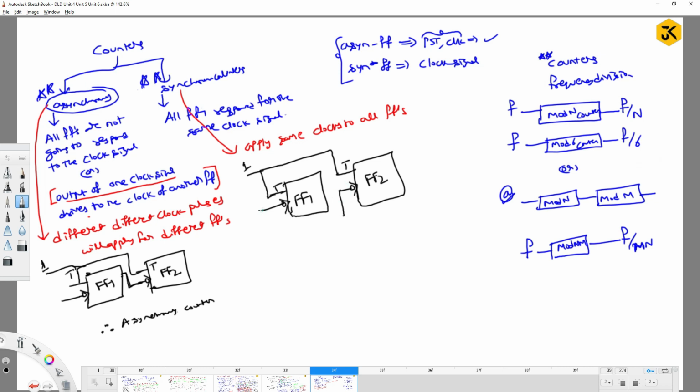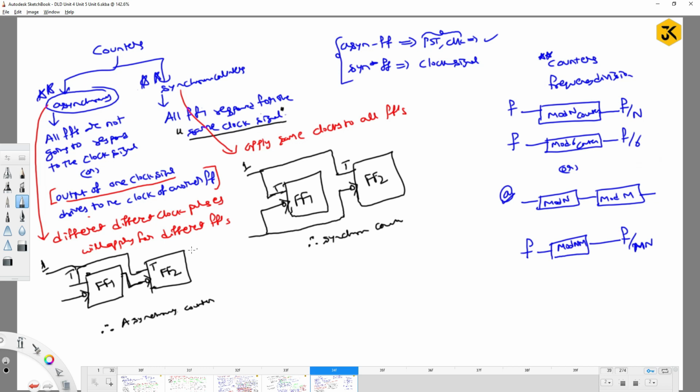But here, as I am saying, they are synchronous counters. All the flip-flops are going to be activated at once, right? All flip-flops respond to the same clock signal. Then we can call this a synchronous counter.